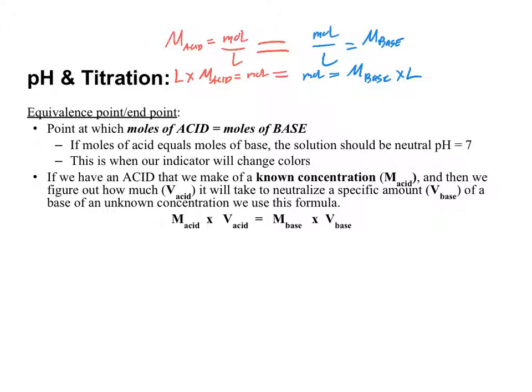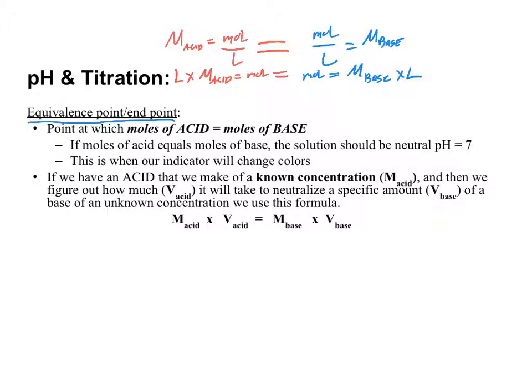So what I'm showing here is that when we are at the equivalence point or the end point, the titration process is over and the moles of acid are equal to moles of base. And we can use that to help us calculate all the way through. So when the moles of acid equals the moles of base, the pH of the solution should be around a pH of 7. And in our titration tomorrow, that's when the indicator will tend to change colors.